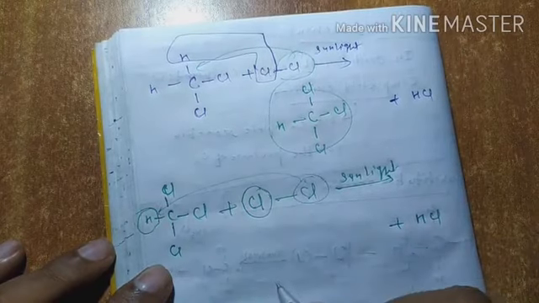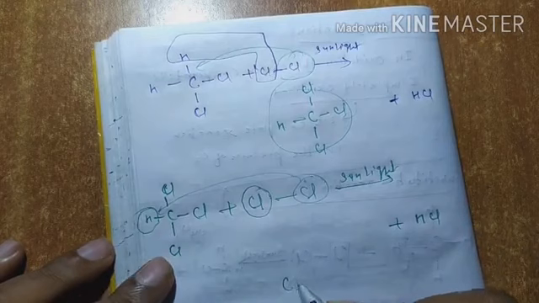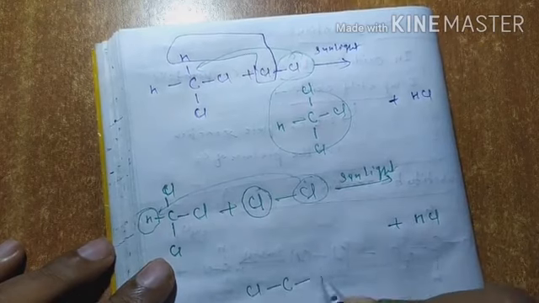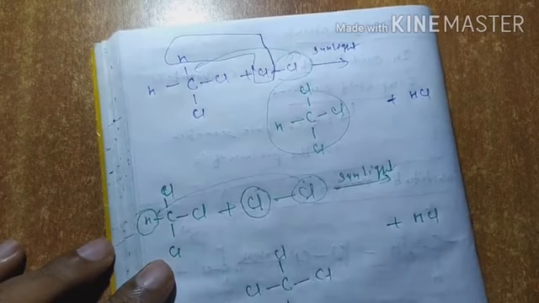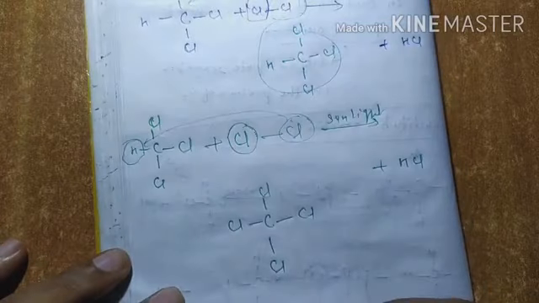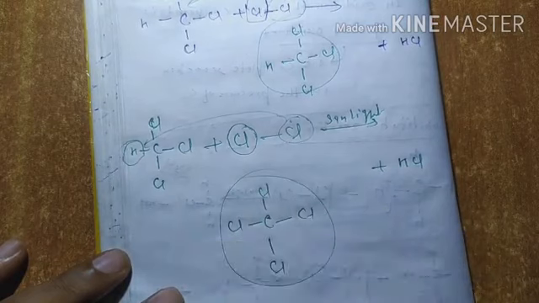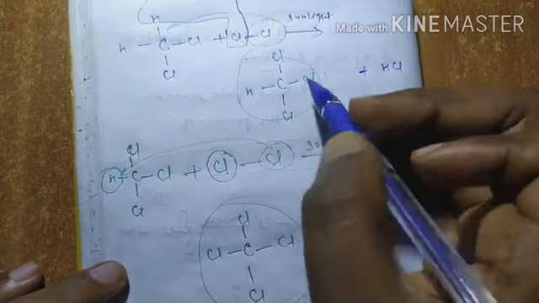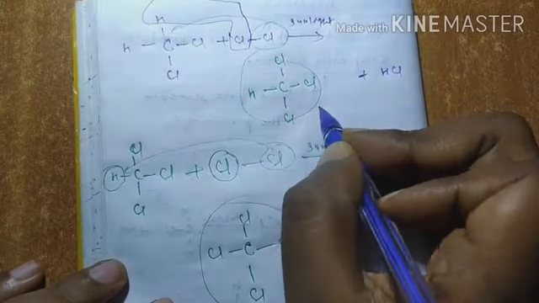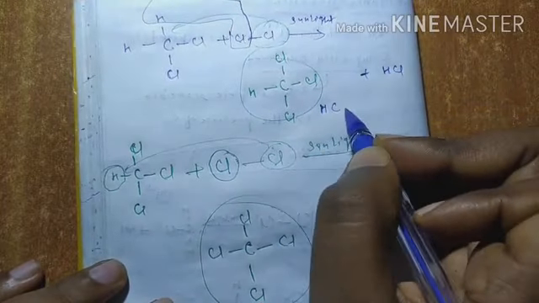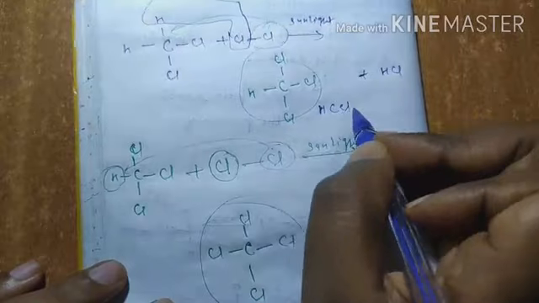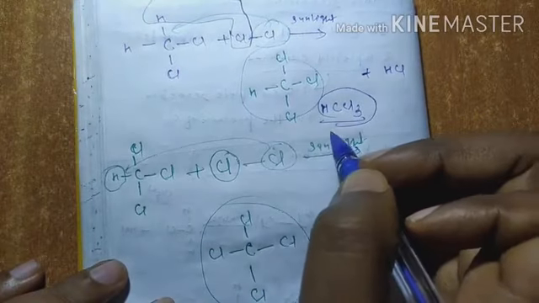So this will be C with Cl, Cl, Cl, Cl. This is carbon tetrachloride. And what is this one? We can write HCCl3. This is chloroform.